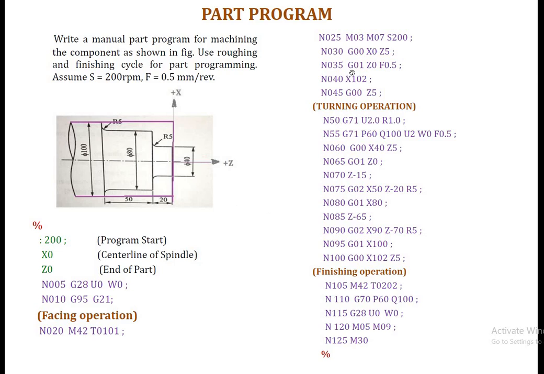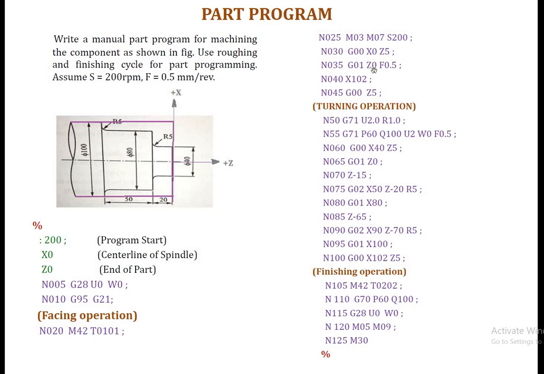The next block is G01, the linear movement, Z0 F0.5. For this linear movement in the cutting operation, the feed rate is 0.5 mm per revolution.